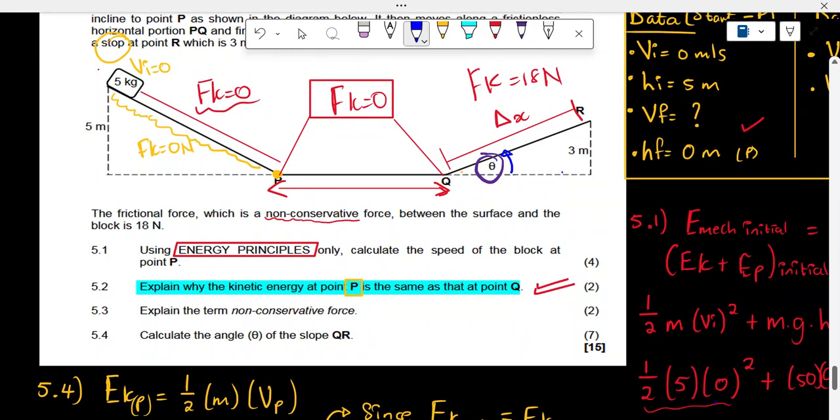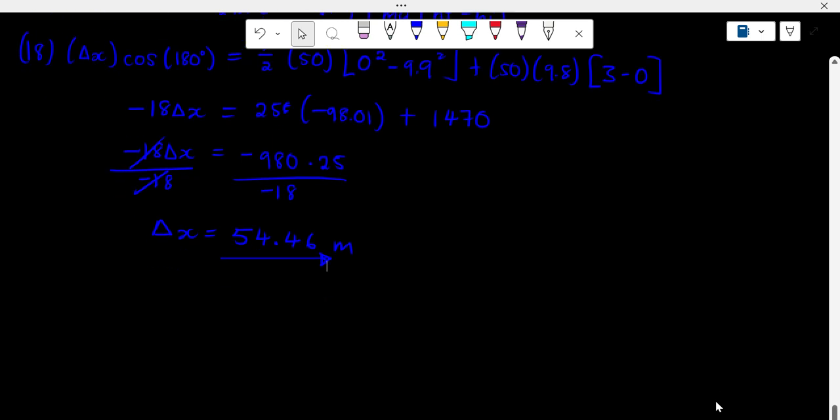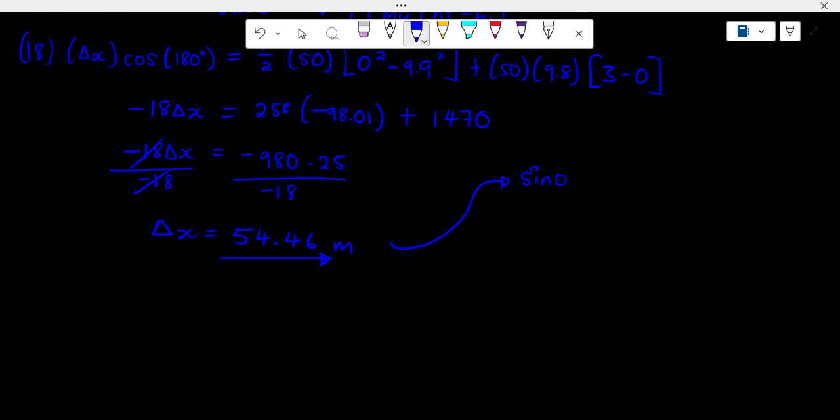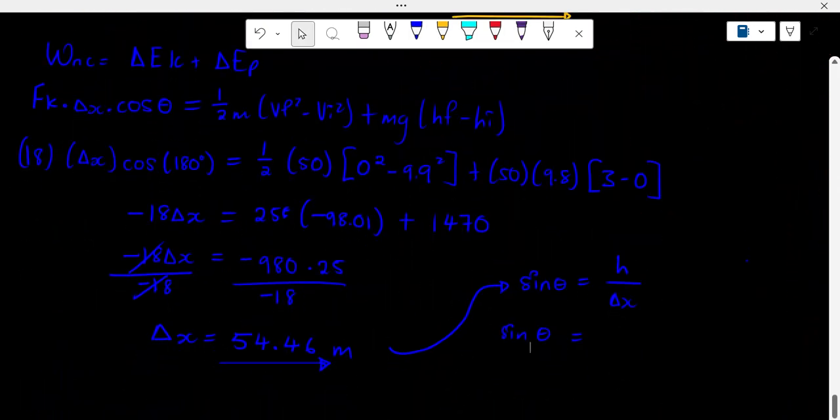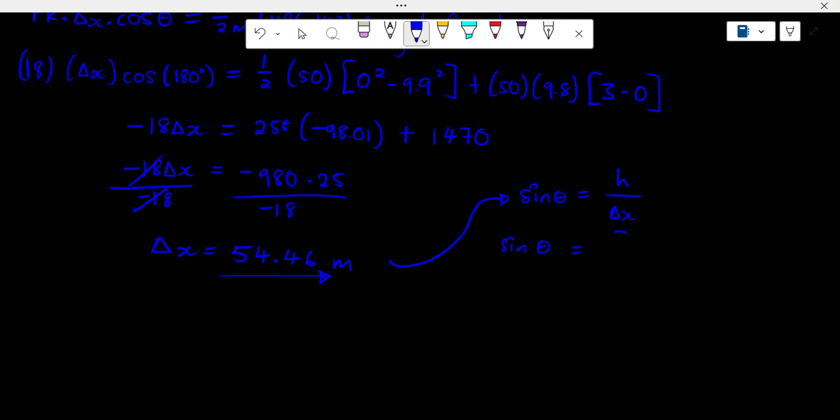Now I can use my trig ratio, right? To get the value of theta, I can say sine of theta is equivalent to the opposite over the hypotenuse, where the opposite is the height and the hypotenuse is the delta x. So sine of theta equals the height, which was 3, and delta x is 54.46.